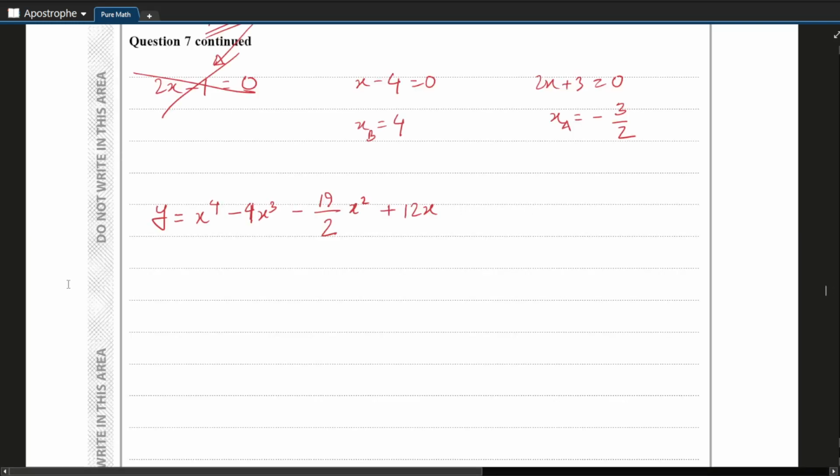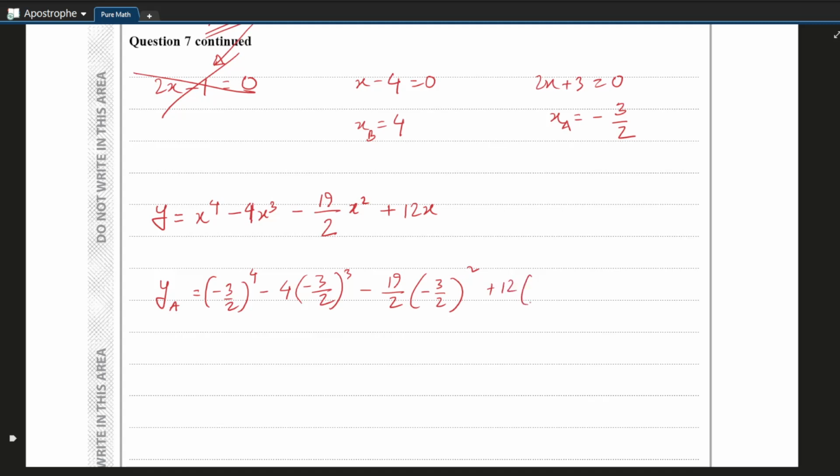So that means y of a is equal to negative 3 over 2 whole to the power 4 minus 4 negative 3 over 2 whole cube minus 19 over 2 negative 3 over 2 whole square plus 12 negative 3 over 2.